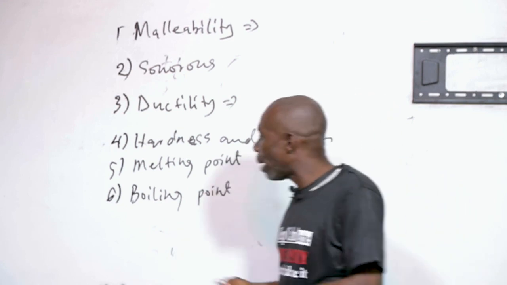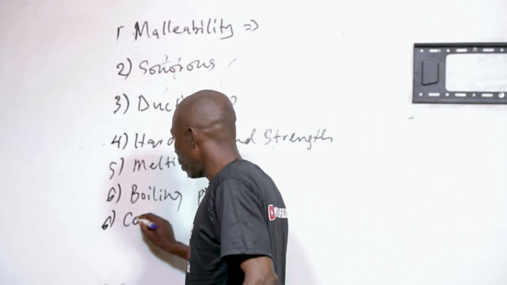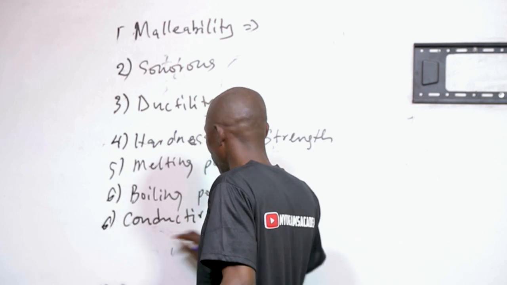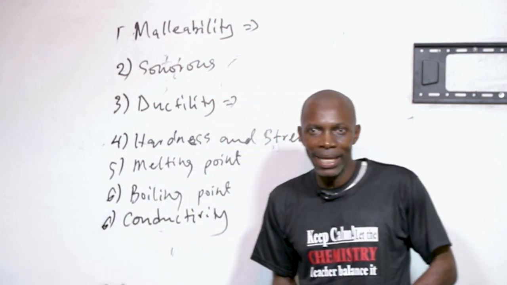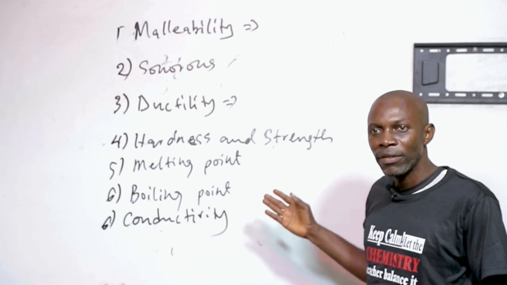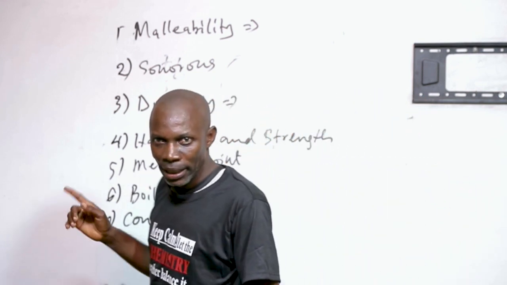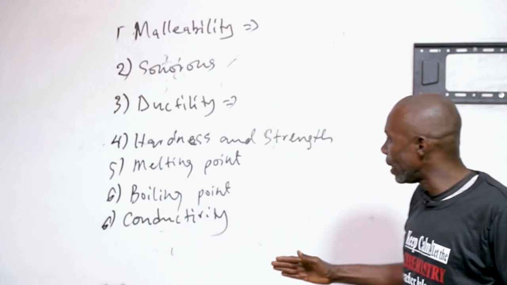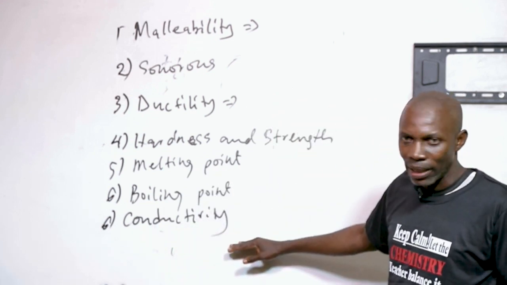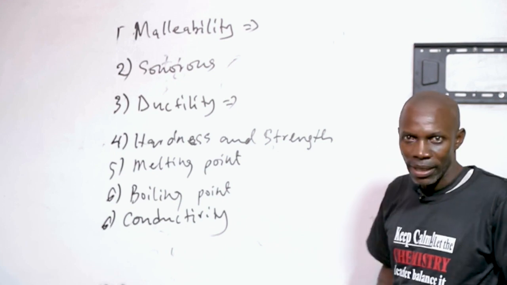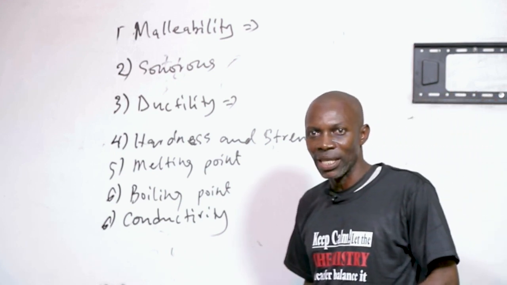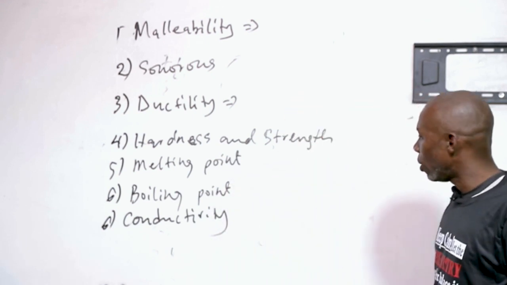You can also talk about conductivity, which is the ability of an element or a substance to carry heat or electricity. Because of the free mobile electrons in the metals, they are able to carry heat and electricity in their structure, which means that metals are good conductors of electricity and heat.